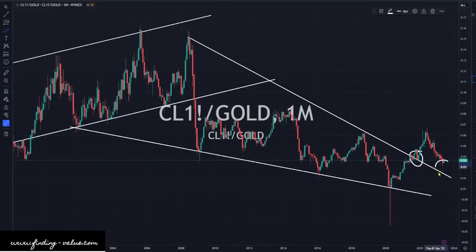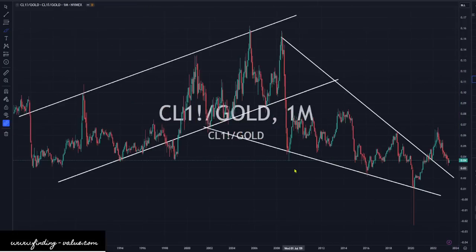It's doing a return move, which is going to be complete at some point here. And then it's going to, I think, move on higher, which means if we're in an inflationary environment, this is exactly what we would see, crude oil outperforming gold. And then we're going to see a large valuation move in crude oil.